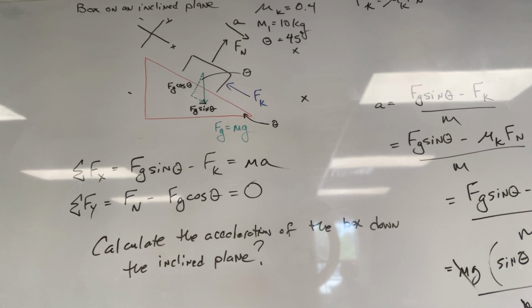So your final answer would be G times sine theta minus mu of K cosine theta. I think that's what we got in class the other day. This looks similar to what we got in class. So the acceleration of the box down the inclined plane would depend on gravity, of course, the angle of inclination, and the coefficient of friction.